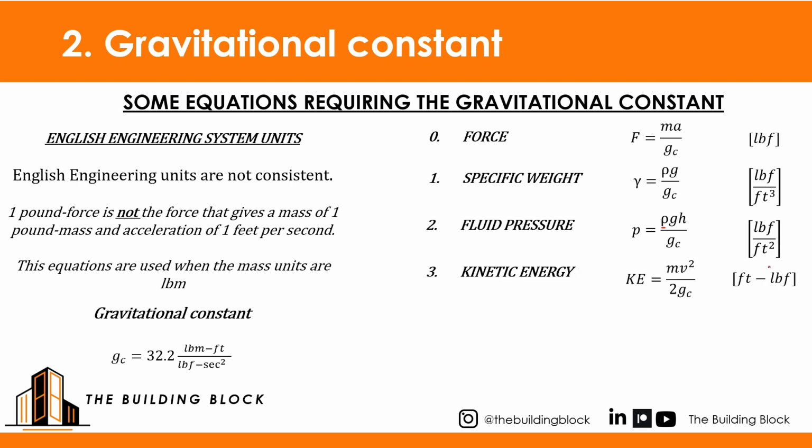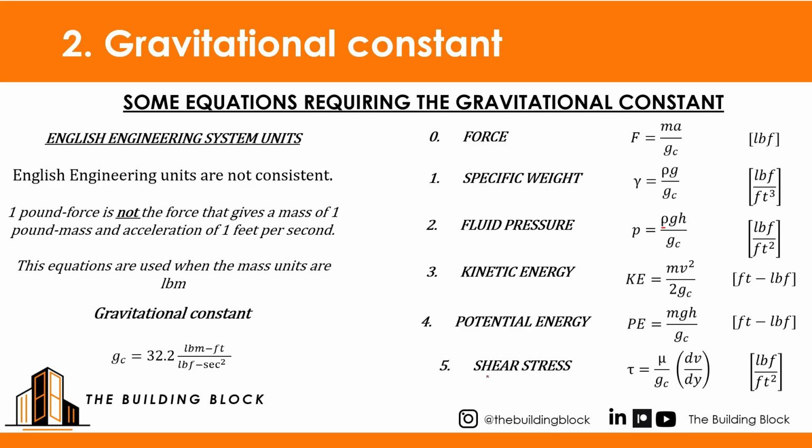Other equations affected by gc include kinetic and potential energy, which we'll delve into in future videos. The shear stress relating viscosity and shear rate will also be discussed later. Remember, you only need to apply this constant when working within the English engineering system, specifically with pounds mass.